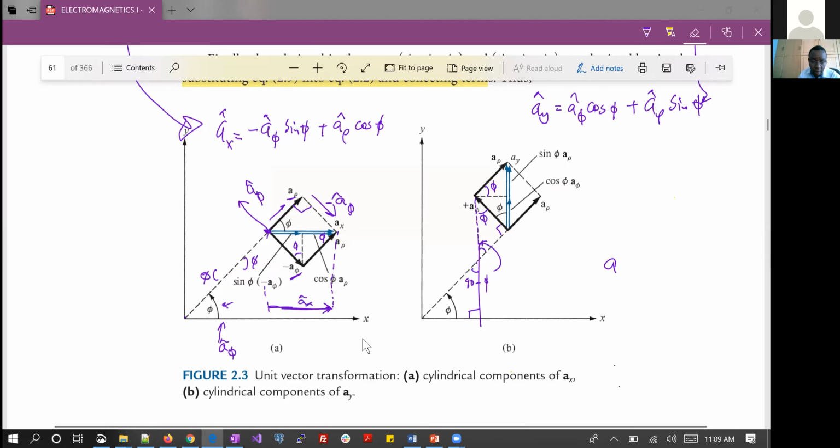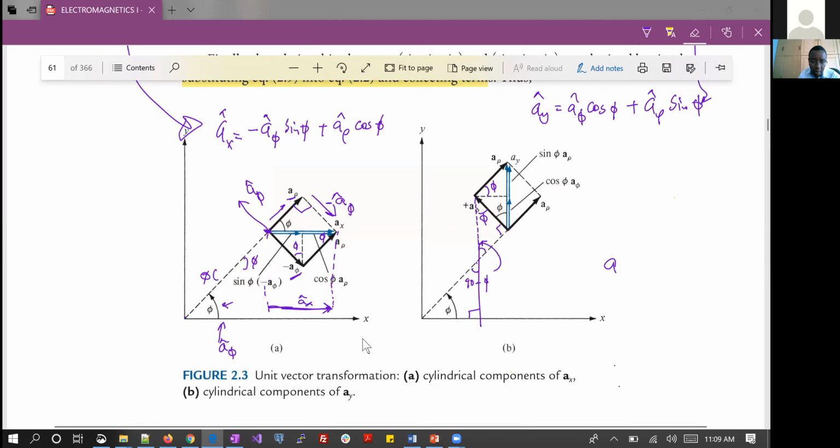We are saying that now we want to find the unit vector AY using the cylindrical coordinate system. And we already defined A rho to be the radial distance, that one. And we have already seen that we can express A phi using that direction.